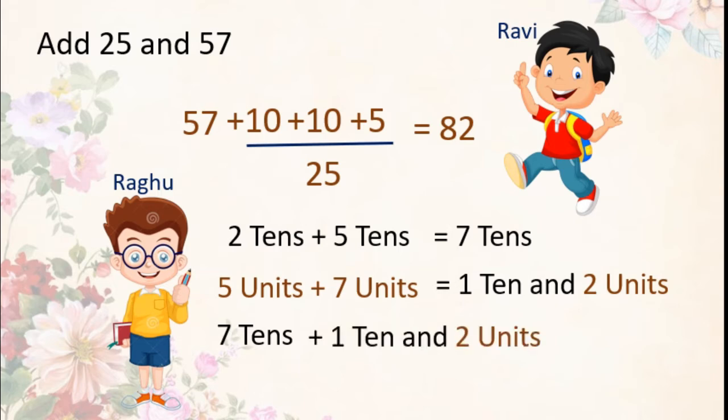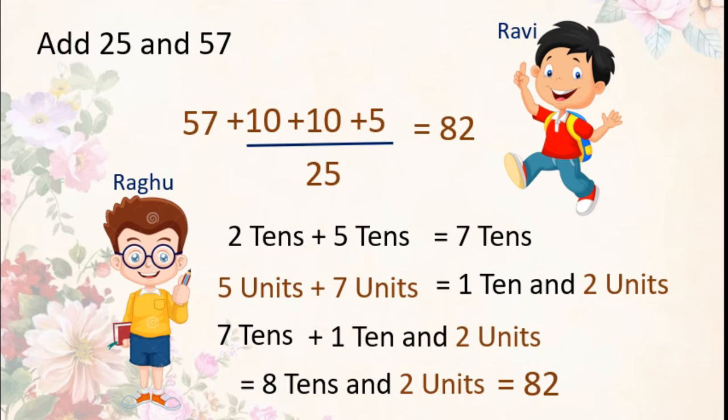He is going to add the answers. So 7 tens plus 1 ten and 2 units. What is the answer? 7 tens plus 1 ten is equal to 8 tens. And 2 units, that is nothing but 82. Yes, correct. This is also one of the methods of calculation orally.